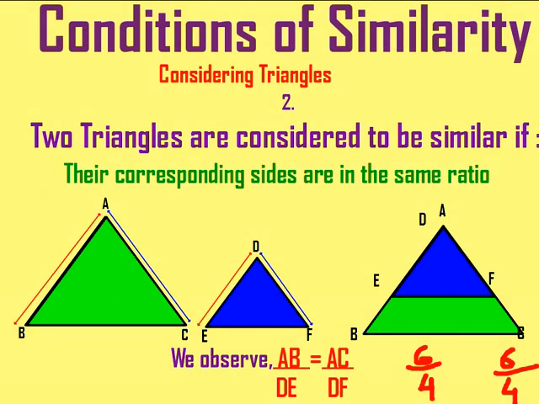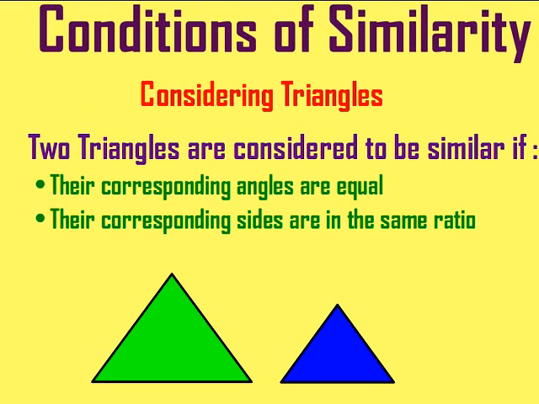So we can say the conditions of similarity in the case of triangles are that their corresponding angles should be equal and their corresponding sides should be in the same ratio.